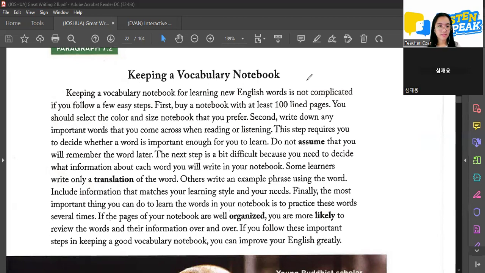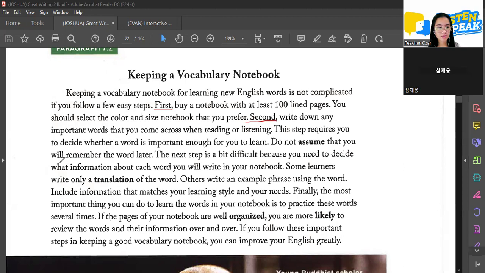Keeping a vocabulary notebook for learning new English words is not complicated if you follow a few easy steps. First, buy a notebook with at least 200 line pages. You should select the color and size notebook that you prefer. Second, write down any important words that you come across when reading or listening.